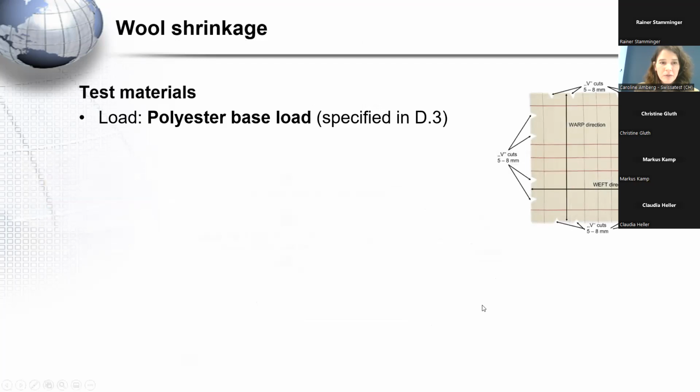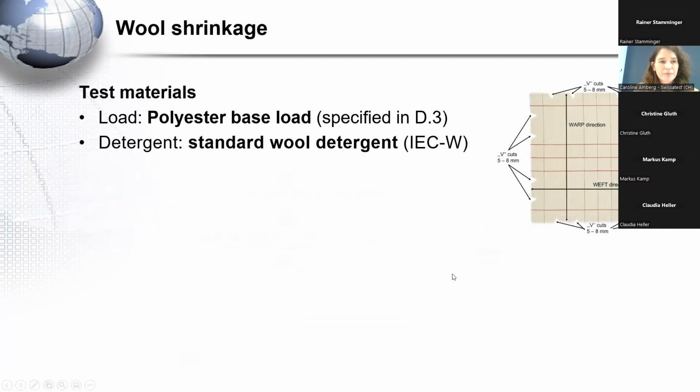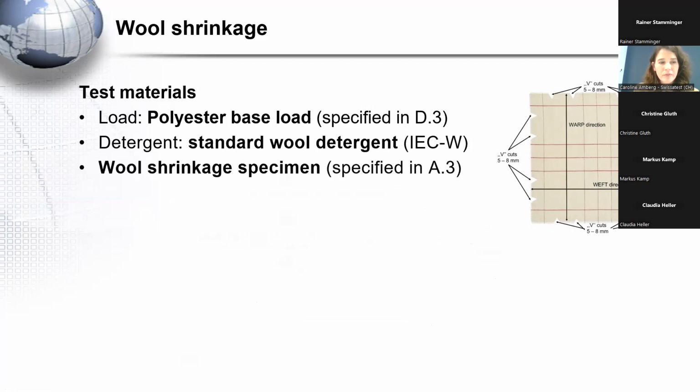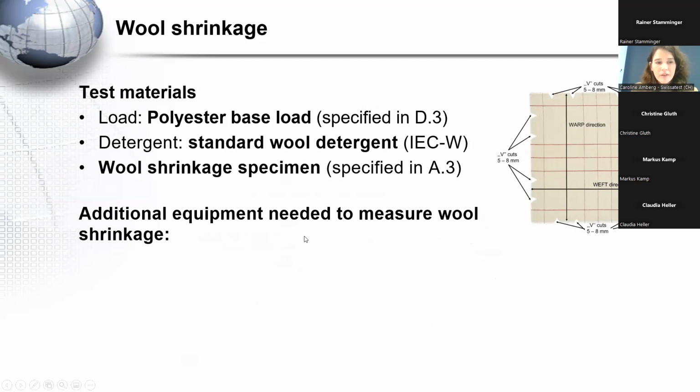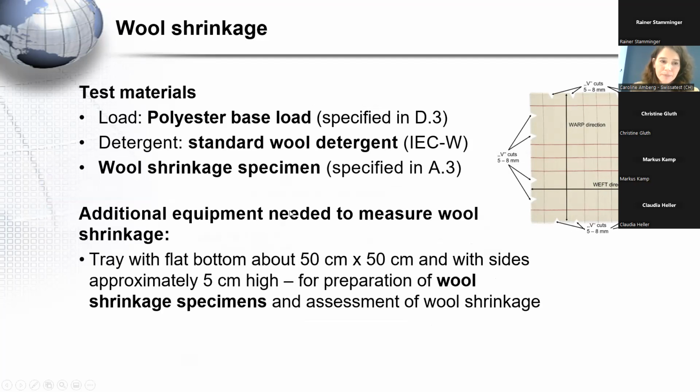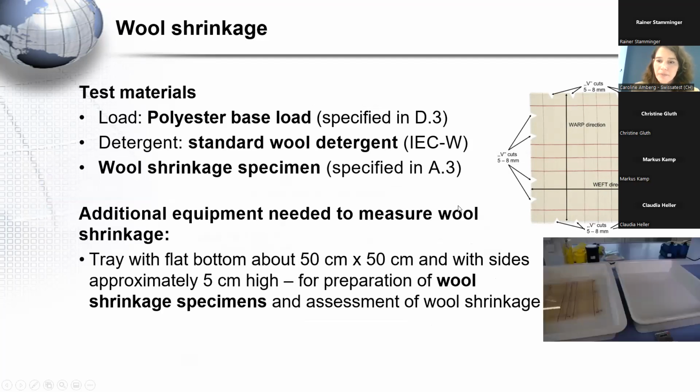So the test material you use is again the polyester base load, the detergent, and the wool shrinkage specimens. Then for wool shrinkage, you need additional equipment. So you need a tray, as you see in an example here on the right-hand side.